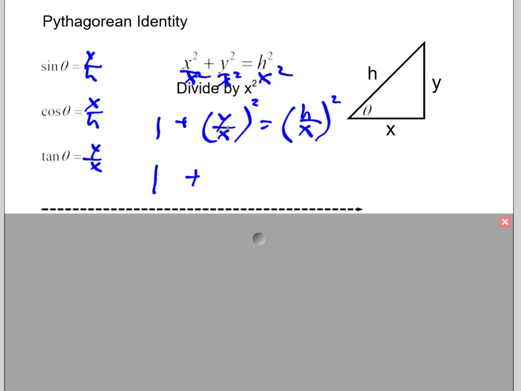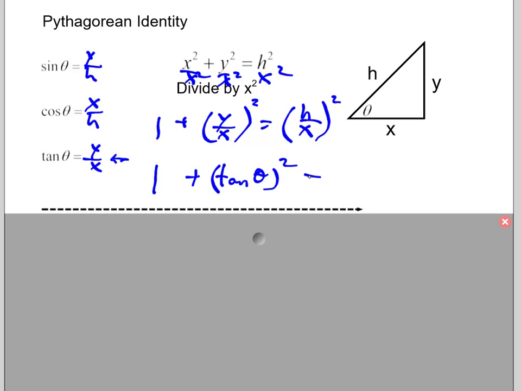The second term is not too bad because y over x, we can see that down here. So y over x can be written as tan. So this becomes tan theta all squared.